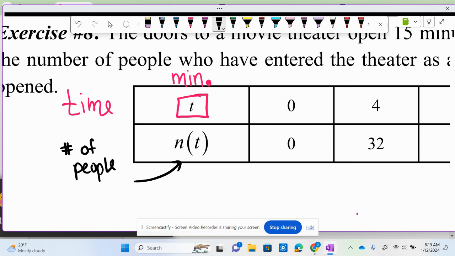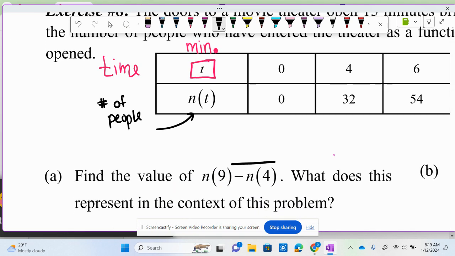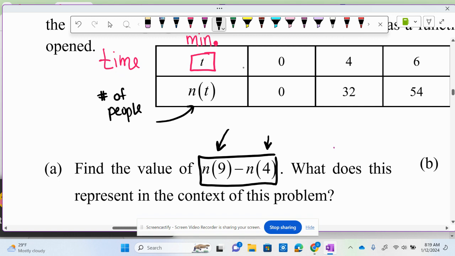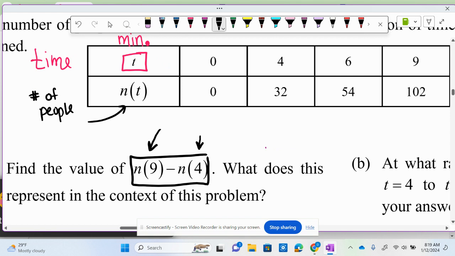Okay. So we're going to look at the two intervals, and it's going to be represented as a function. So this is just saying, hey, tell me what the value of N of 9 minus N of 4 is. So this just means let T equal 9. So let's go look at our table when T equals 9.